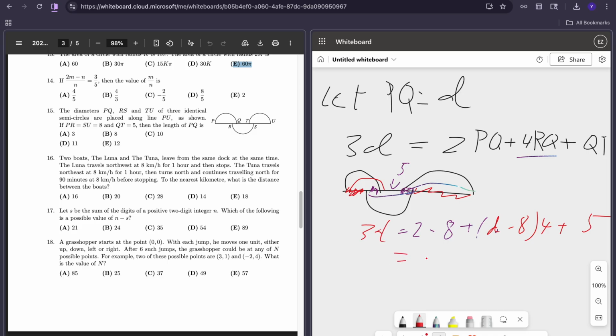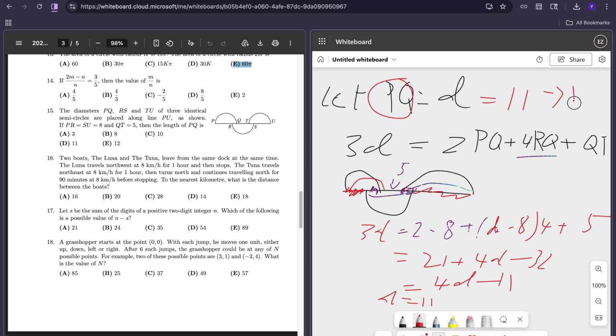So we get 21 plus 4D minus 32, so we get 4D minus 11. Move D to the other side and multiply by minus 1 on both sides, we get D equals 11. So our answer for PQ is 11, which is choice D.